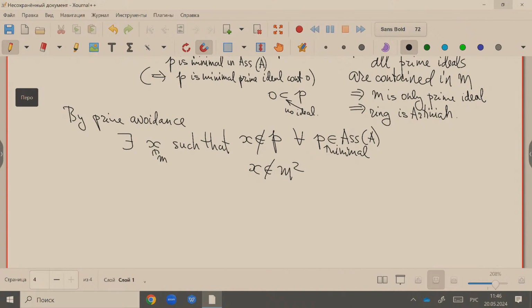This implies that x is not a zero divisor.